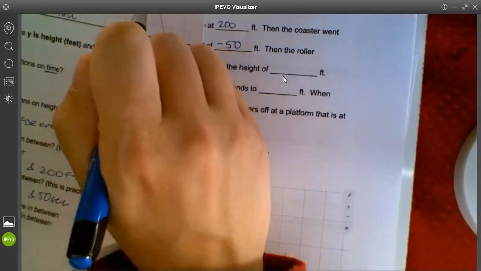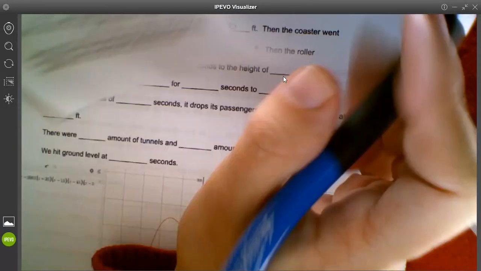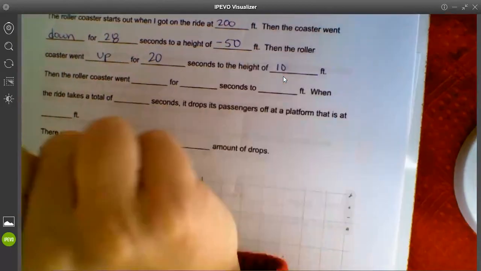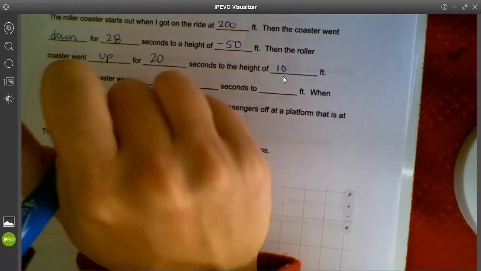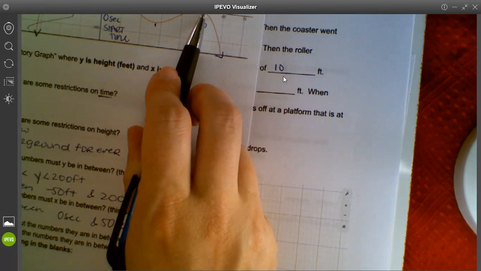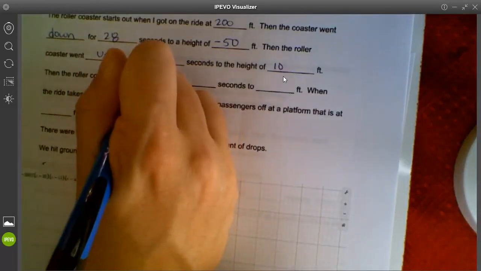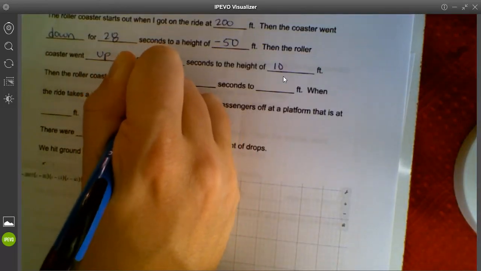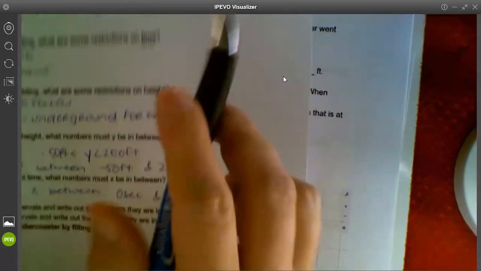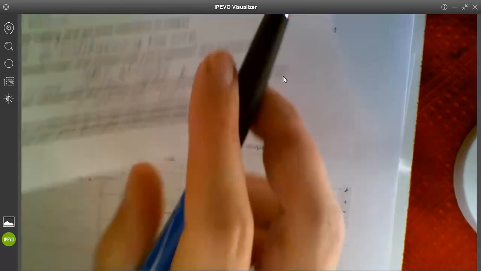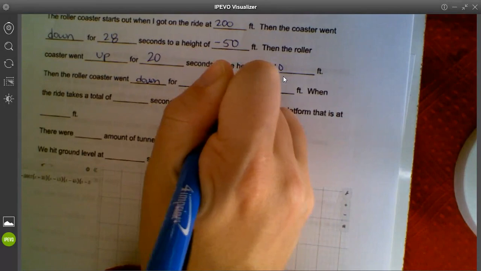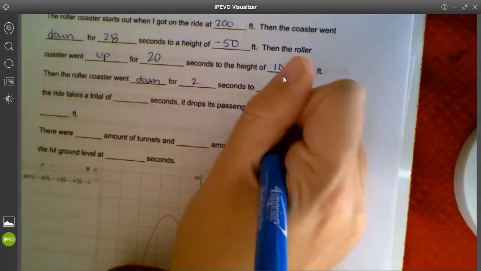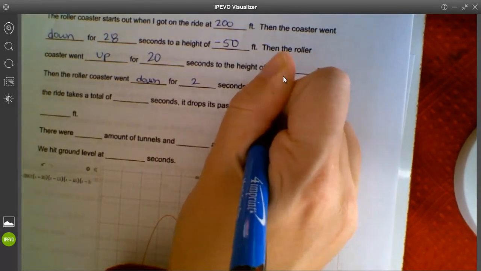And you got a little bit above ground. It doesn't look like much, so we'll say about 10 feet. Then the roller coaster went back down. And it looks like we get off the roller coaster at 0, so we went down for 2 seconds to 0 feet.